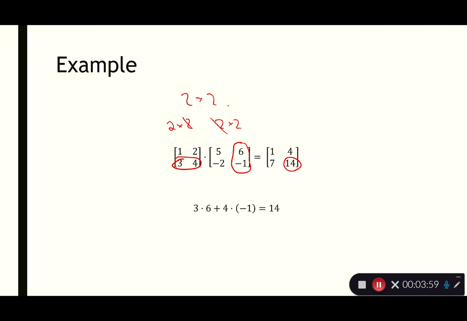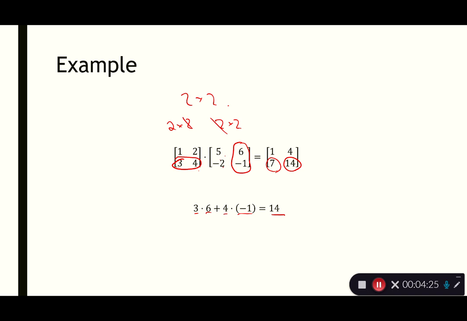We take 3 times 6 plus 4 times minus 1, and that gives us 14. Similarly, for the entry in row 2 and column 1, we take the dot product of the second row with the first column: 3 times 5 plus 4 times minus 2, which is 15 minus 8, that's 7.